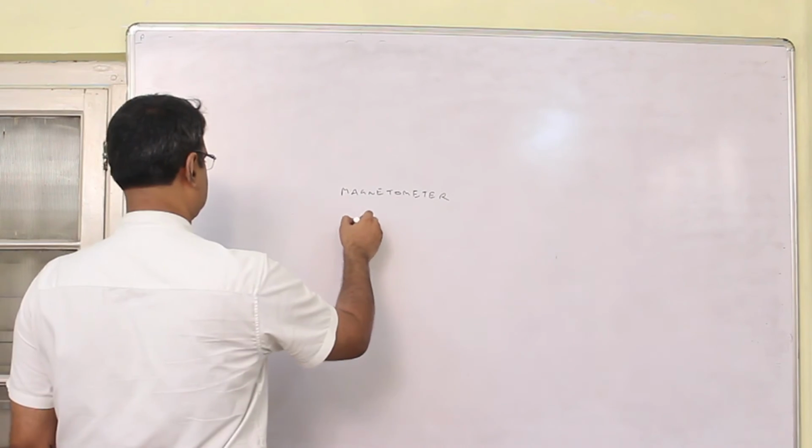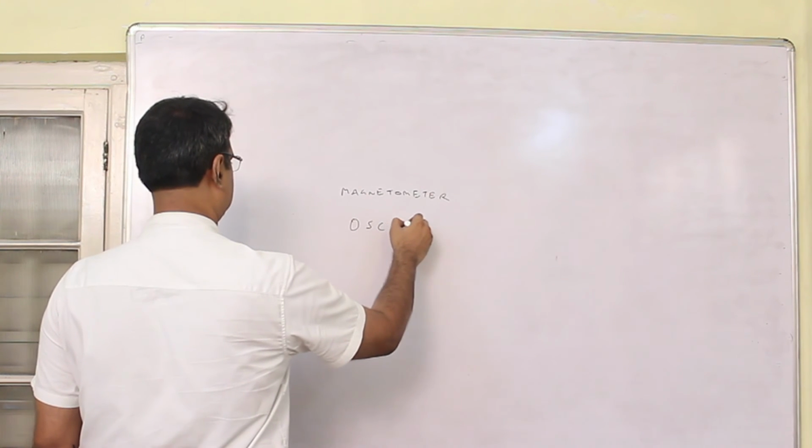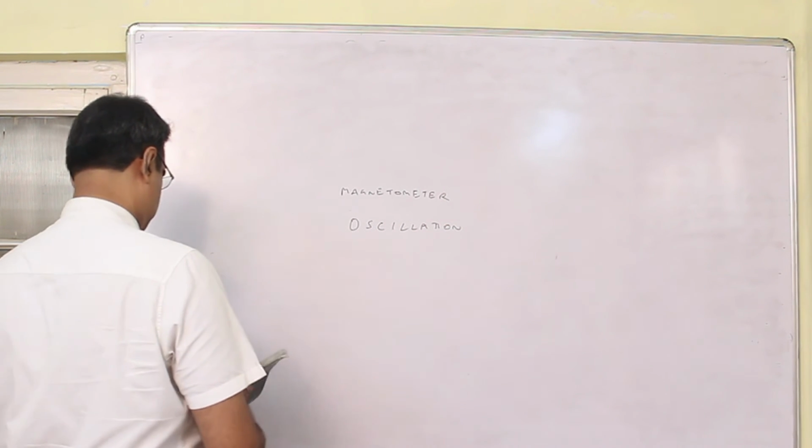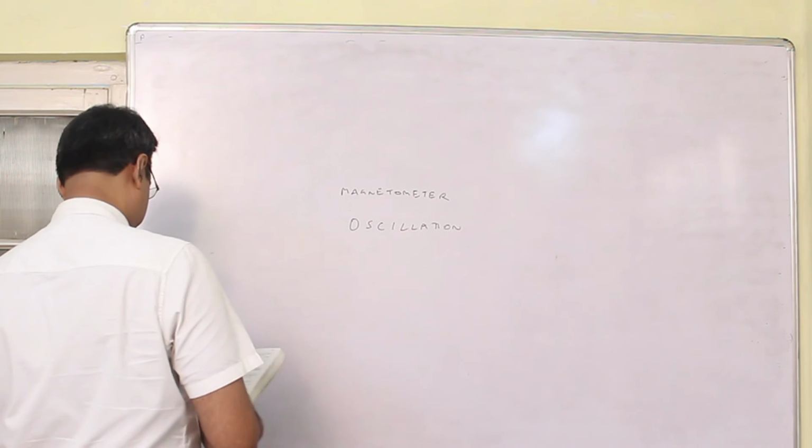Now we come to the second type of magnetometer, which is known as oscillation magnetometer. So this is the second type of magnetometer.